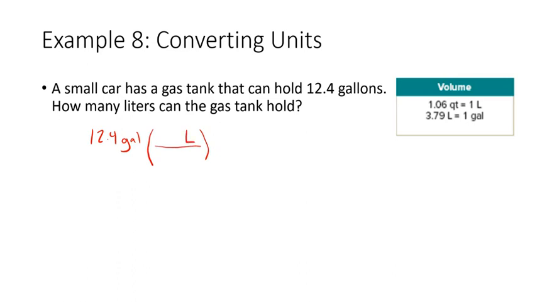Liters is a capital L. If we look at our unit conversions, there are 3.79 liters in 1 gallon. If we multiply 12.4 times 3.79, we'll just call this 47 liters.